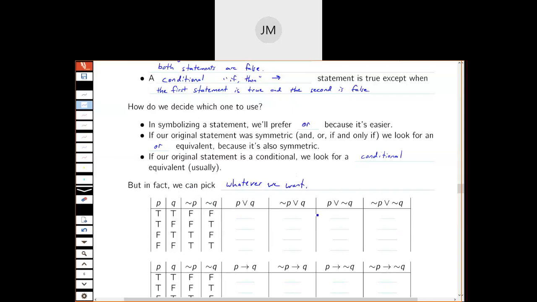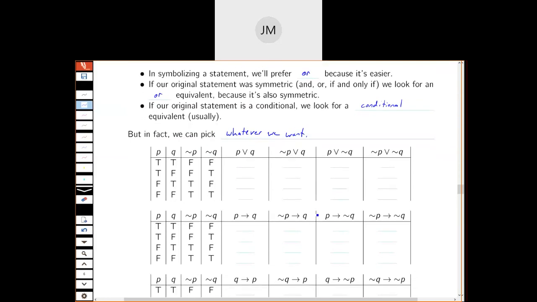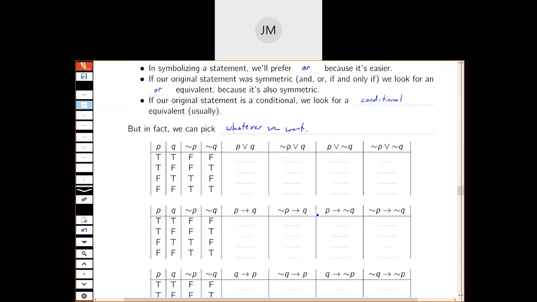Okay, let me explain what I mean by looking at our truth tables here. We're going to look at the possibilities for an or statement where we include a not P and a not Q, or some combination of them.